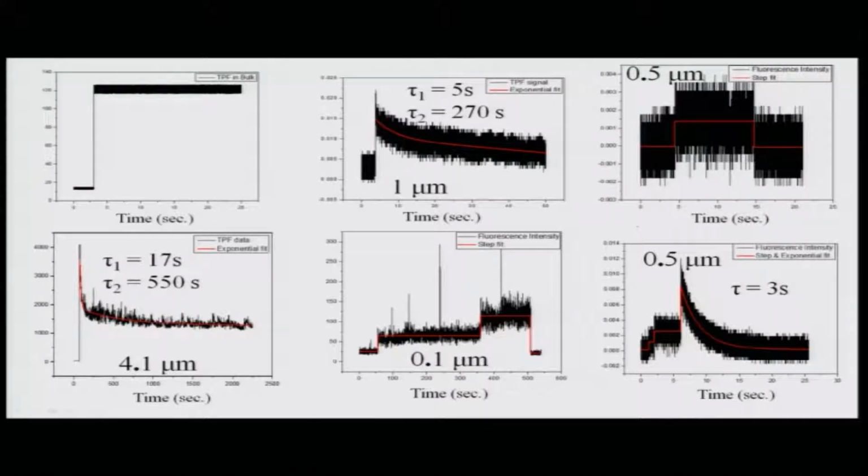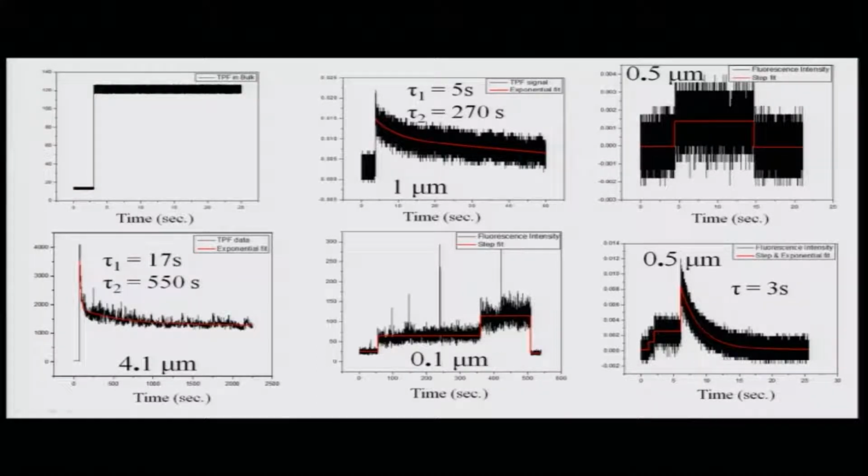One of the things which we noticed while this work was developed is that the two-photon fluorescence coming from these trapped particles also shows a decay property which is not quite expected, and this decay does not occur for the very small particles. For example, the 100 nanometer particle does not show any decay even when they aggregate. However, the larger particles, for example 1 micron or 4 micron, show decay.